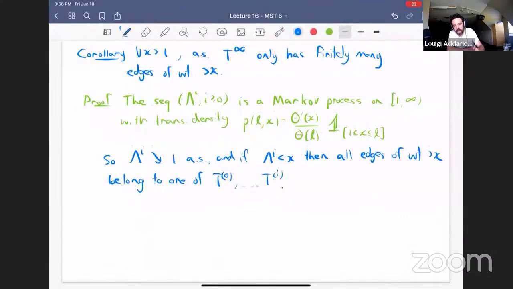These trees are all finite. They're those initial ponds, and so that tells me that I'll only have finitely many edges of weight greater than x.